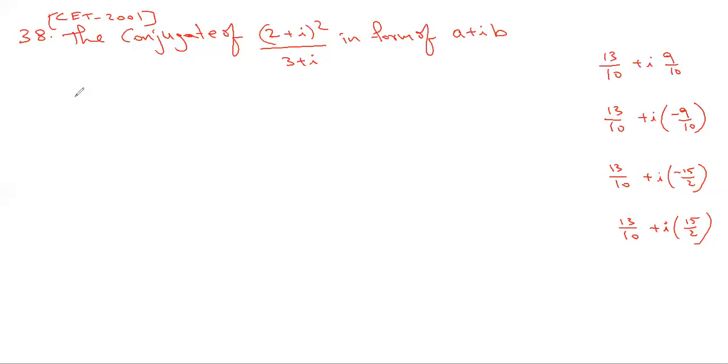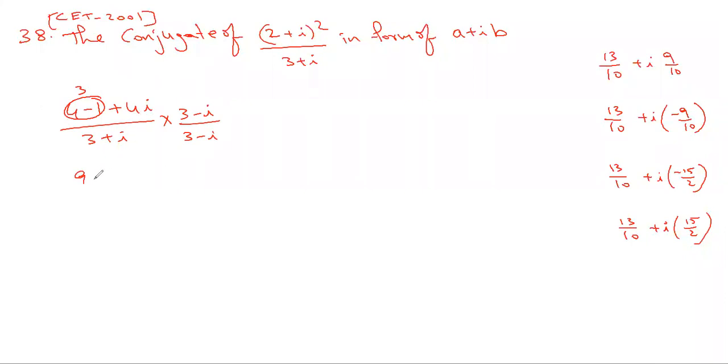So first we need to simplify this. The 2 plus I the whole square: 2 square 4, I square minus 1, plus 2 into 4I, by 3 plus I into 3 minus I by 3 minus I. So basically here 3 plus 4I is there. So if you simplify these, 3 3s are 9.